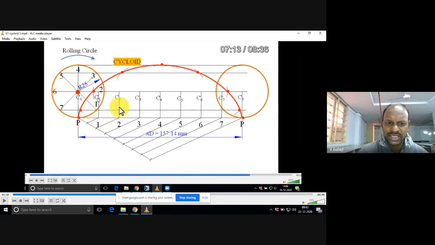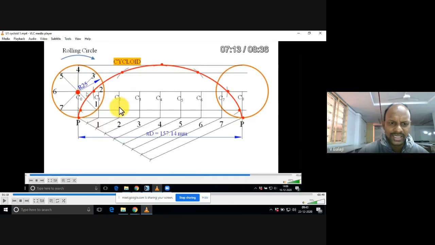Similarly, with compass go to center C2 and cut the second line. C2 means second line, C3 means third line, C4 means fourth line. Like that you remember. Again radius 25 only. Radius never changes, only the center changes.